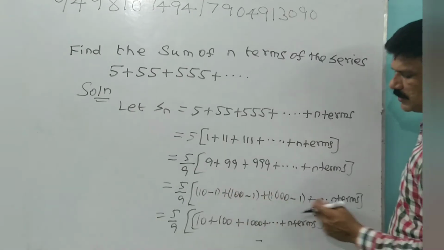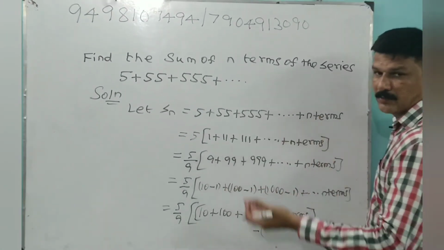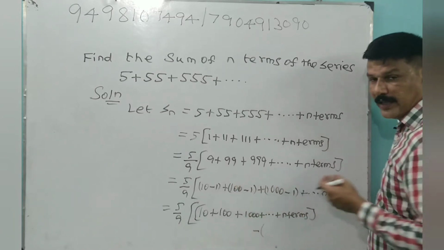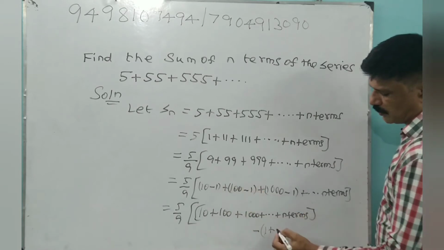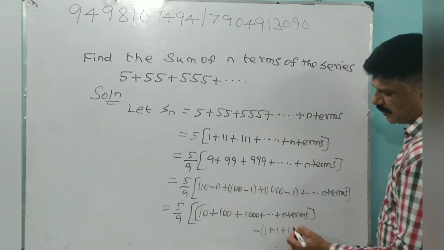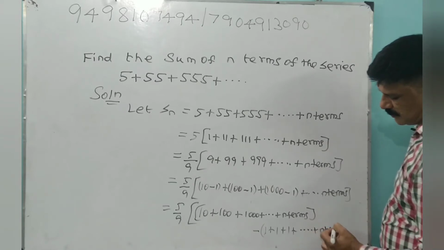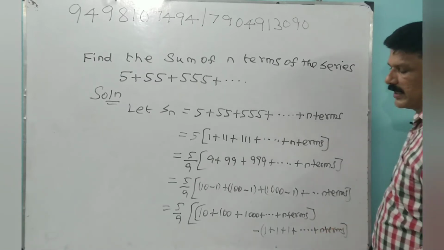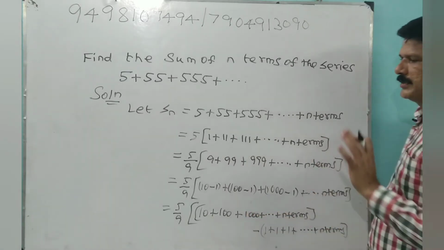All are minus. So 1, 1, 1. So minus, you take minus common outside, then all the elements are plus. So 1 plus 1 plus 1, up to n terms. So the given series is divided into 2 series.